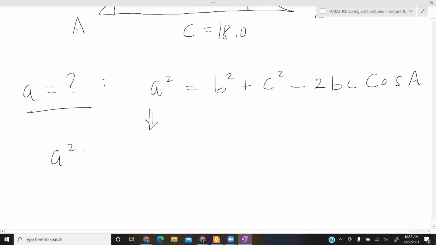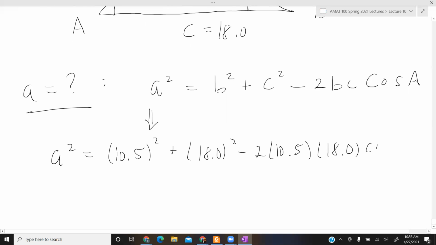And we'll get A squared is equal to 10.2 squared plus 18.0 squared minus 2 times 10.5 and then 18.0 cosine of 46. Wait, hold on.